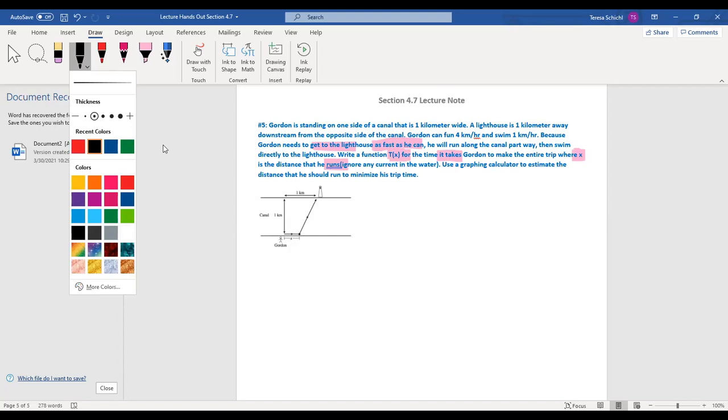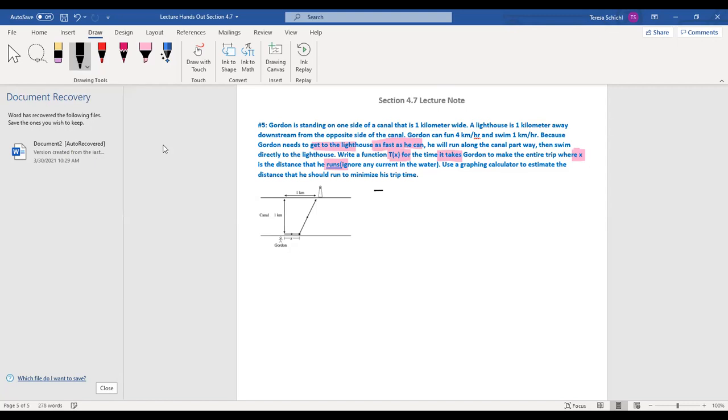All right, so let's see what is known and unknown here. The number 1 is known. Gordon runs 4 kilometers per hour, and he swims 1 kilometer per hour.